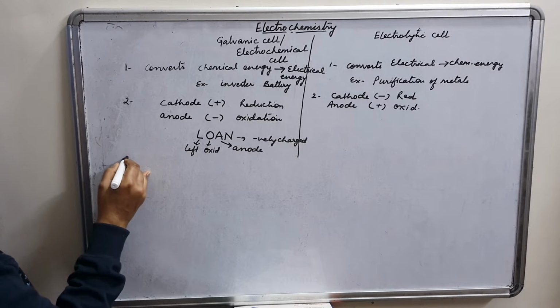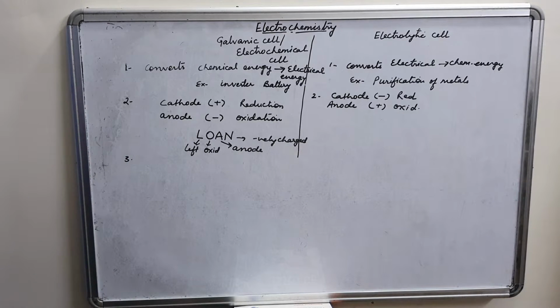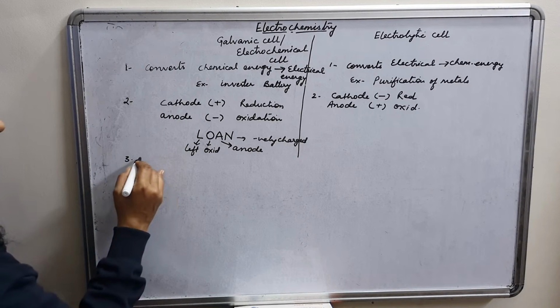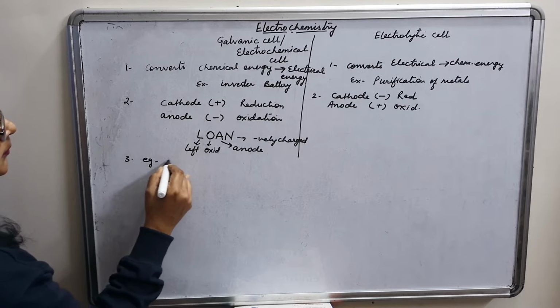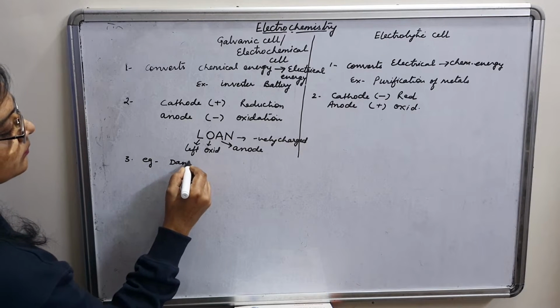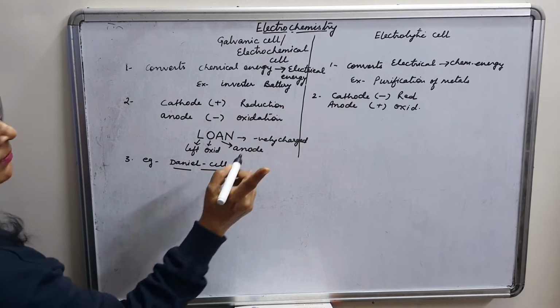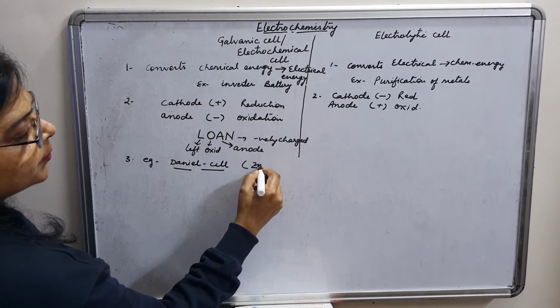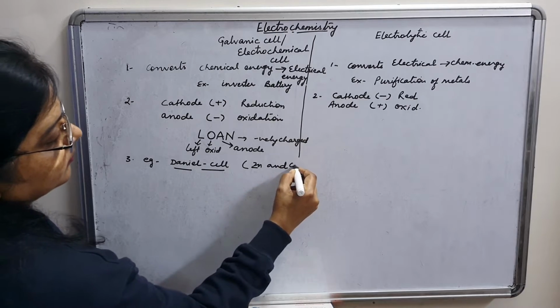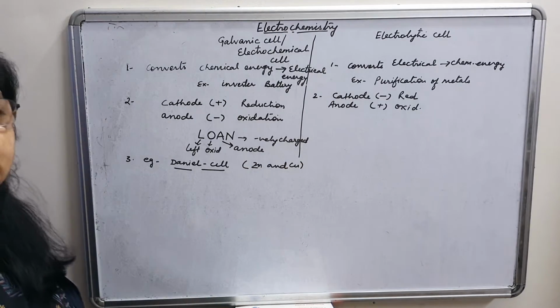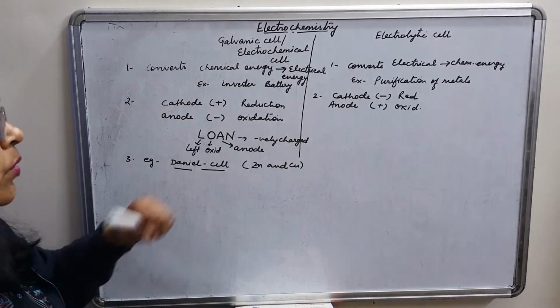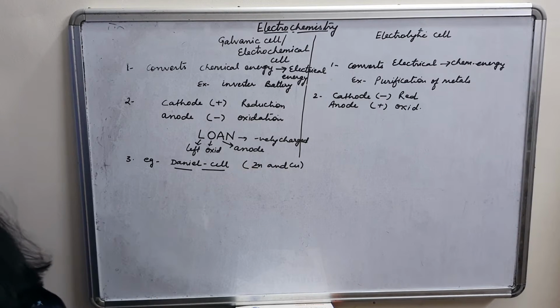Now, the third difference: mainly we have to see how the arrangement of these cells is. In the galvanic cell, we can take the example of the Daniell cell. The Daniell cell is made up of zinc and copper, where zinc obviously is a more reactive metal than copper.